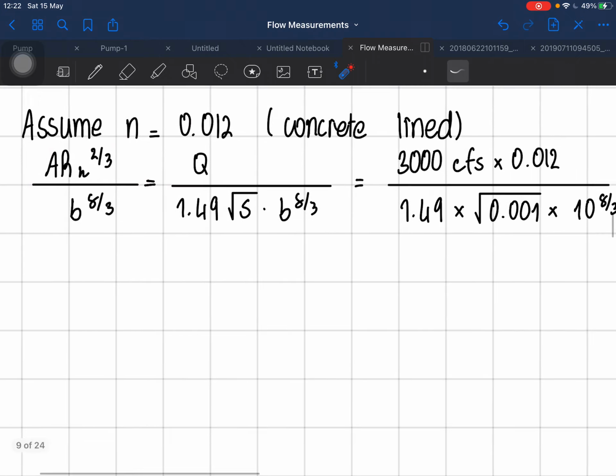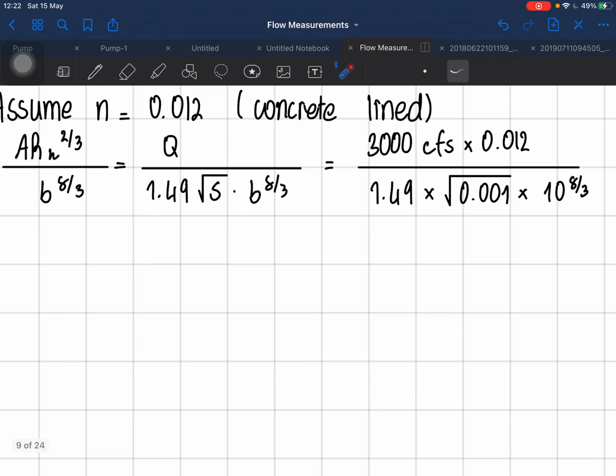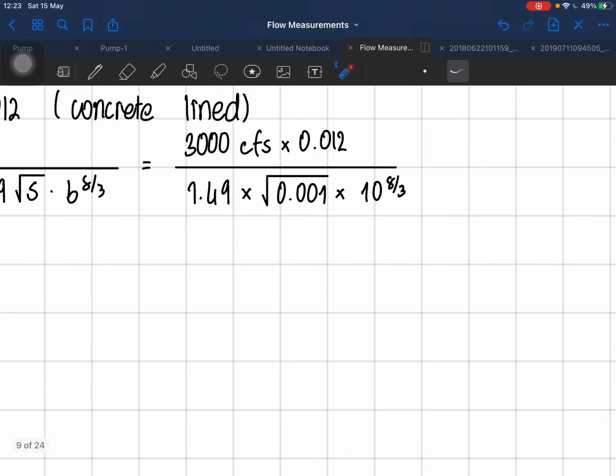So now we have 3,000 times 0.012 over 1.49 times the square root of 0.001, and times 10 to the power of 8 over 3. I'm talking faster than I can type. It's 1.646.